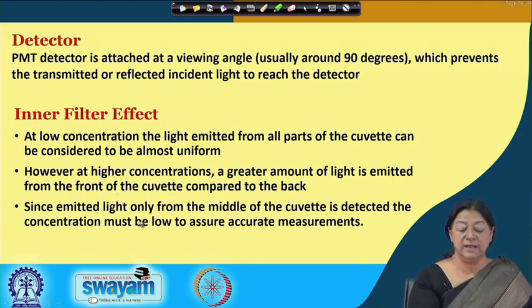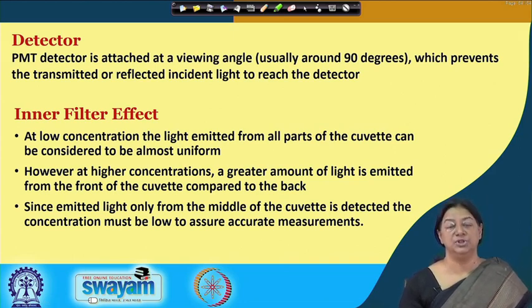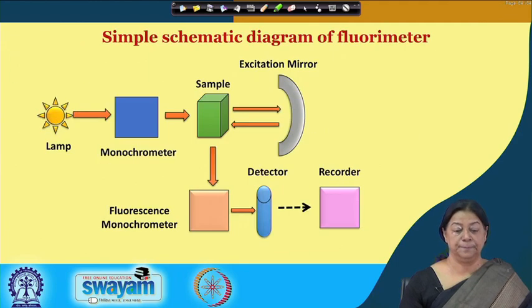Since the emitted light only from the middle of the cuvette is detected, the concentration must be low to get accurate measurements. So, we do not want too high a concentration, because that will affect our measurements, and each instrument has a specific sensitivity by which it works.